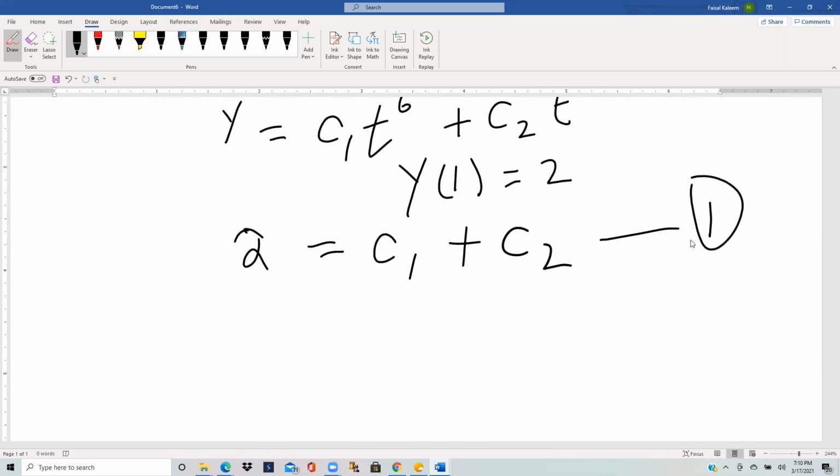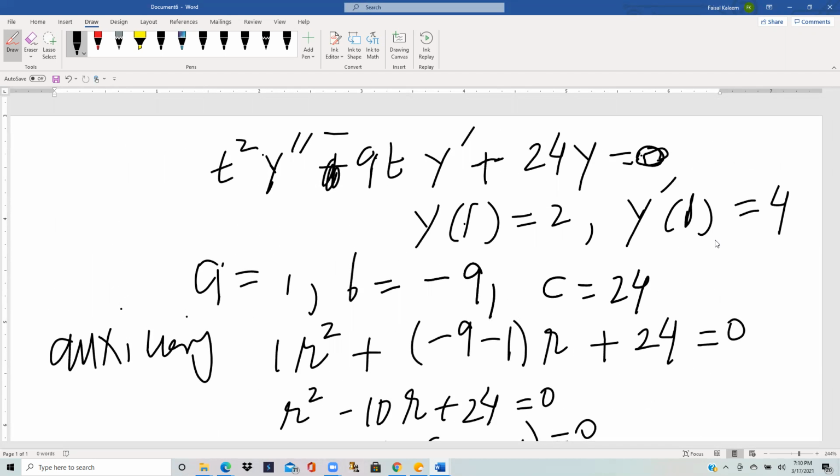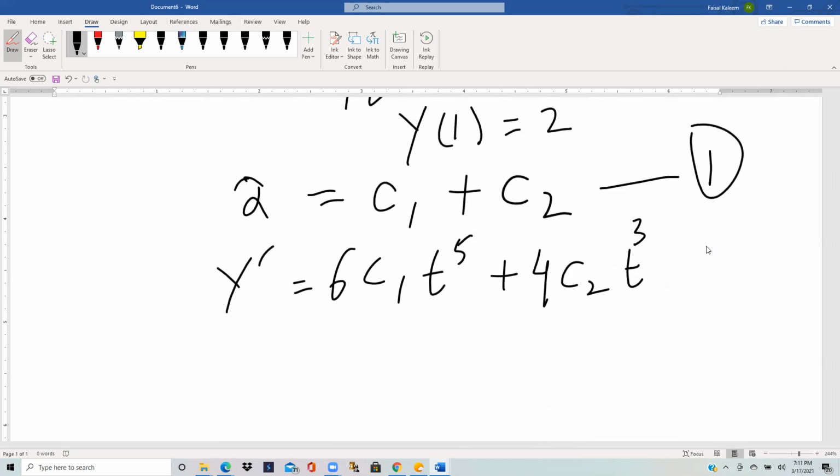So we have to take the derivative. y' = 6c1 t^5 + 4c2 t³, and we have y'(1) = 4, so 4 goes for the y' and 1 goes for the t, so 6c1 + 4c2 = 4.